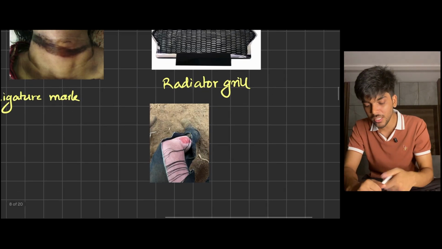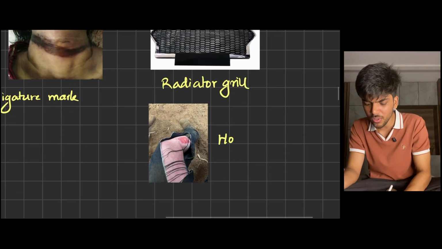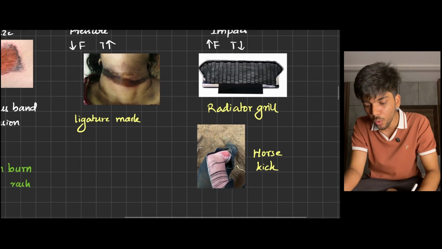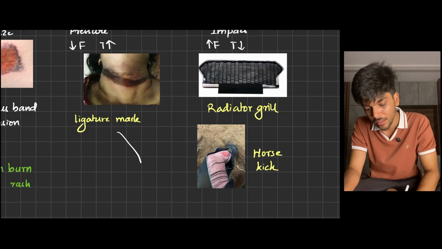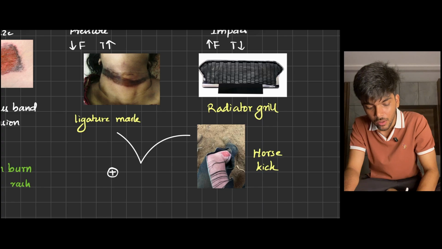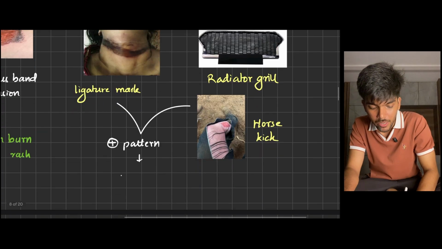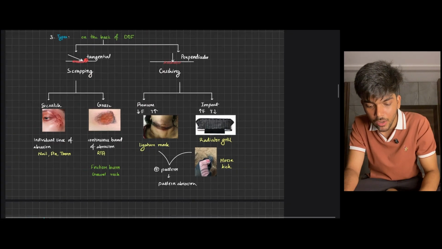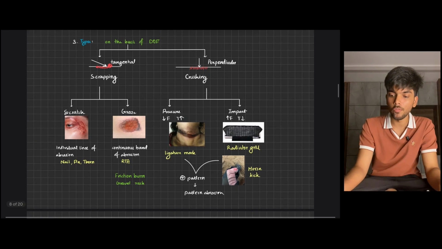Another is a horse kick, large force in a small period of time, resulting in impact abrasion. Be it pressure abrasion or impact abrasion, if it is associated with a pattern, we call it pattern abrasion. With that, you are done with the various types of abrasion.